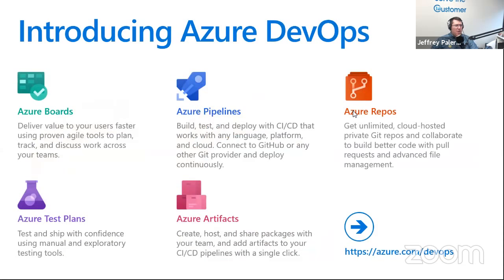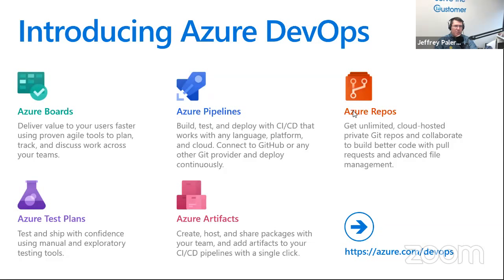Okay, so what is Azure DevOps? It's actually broken up now, and it's five different modules. Whereas before, if you've used Visual Studio Team Services, you thought, oh, I have code, I have work tracking, I have artifacts, I have builds and releases and test plans and all these things.